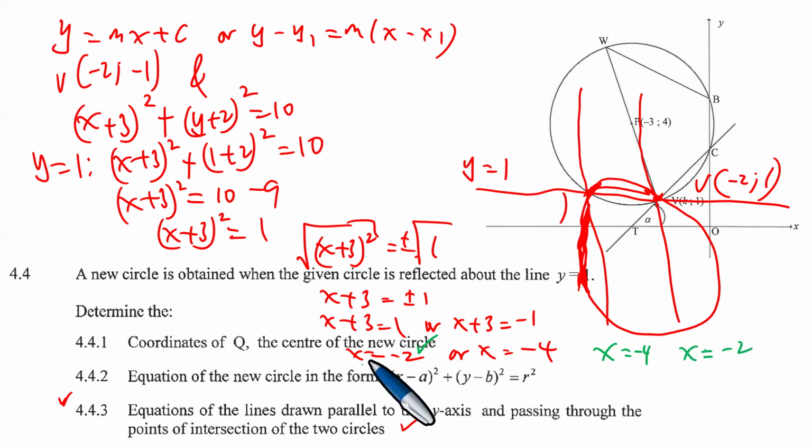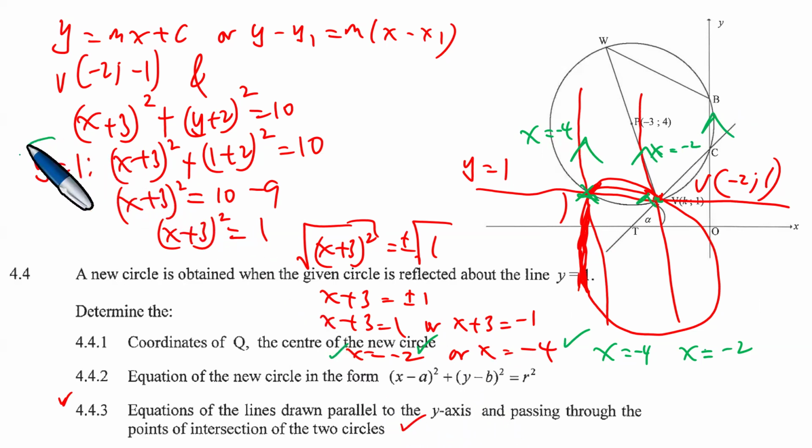These are the vertical lines. They pass through the points of intersection of the two circles, yet they are parallel to the y-axis. The y-axis is vertical, so the lines are also vertical, and we have found the equations.